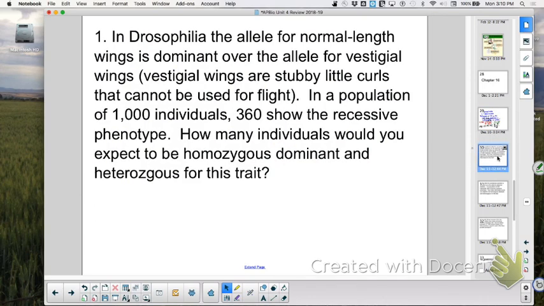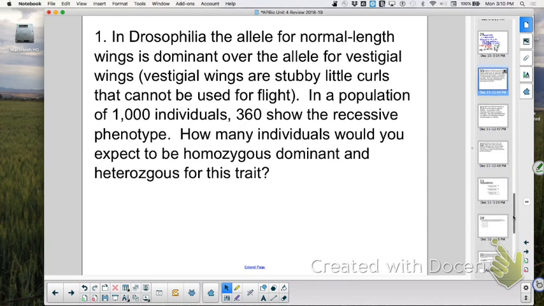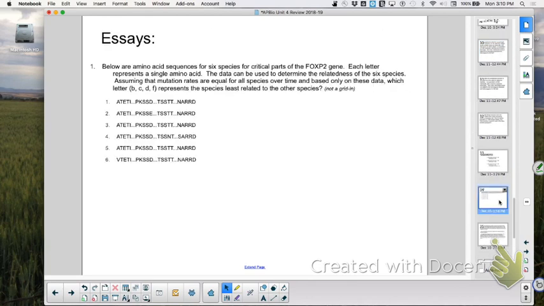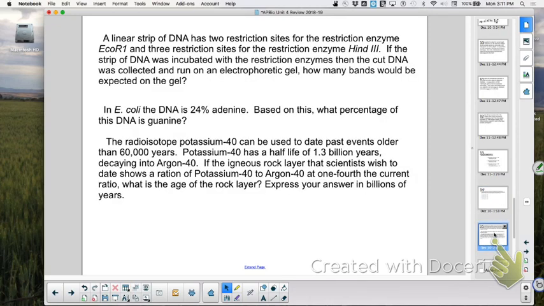There's one in here about making comparisons. I recommend that you do this. You don't have to take a picture of this. I gave you this at the start of the school year for review. So you have an essay right here about who's more closely related. You have 3 questions about restriction enzymes or structure of DNA, about carbon dating.